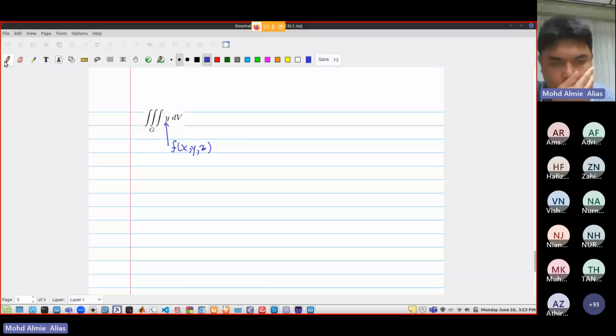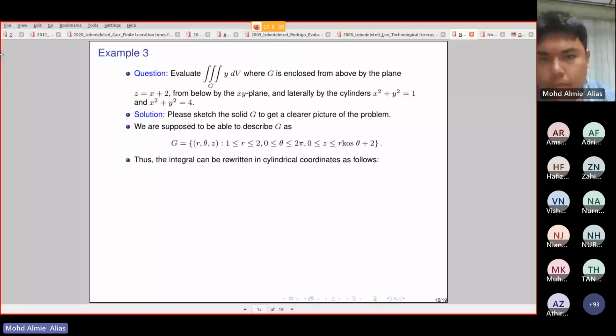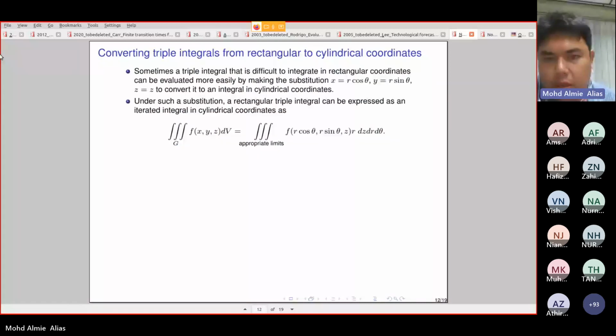which means that we can convert it, by using this, which means that x, y, z will no longer be in the integrand because they are replaced by r, theta, and z.